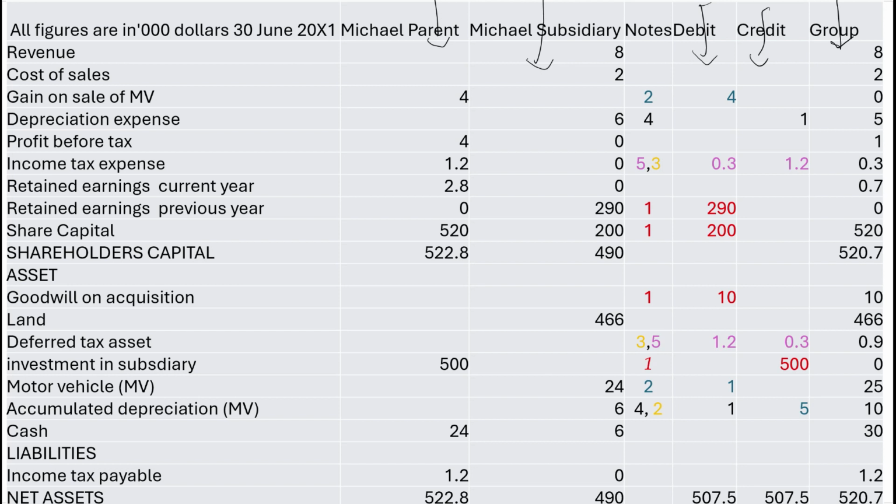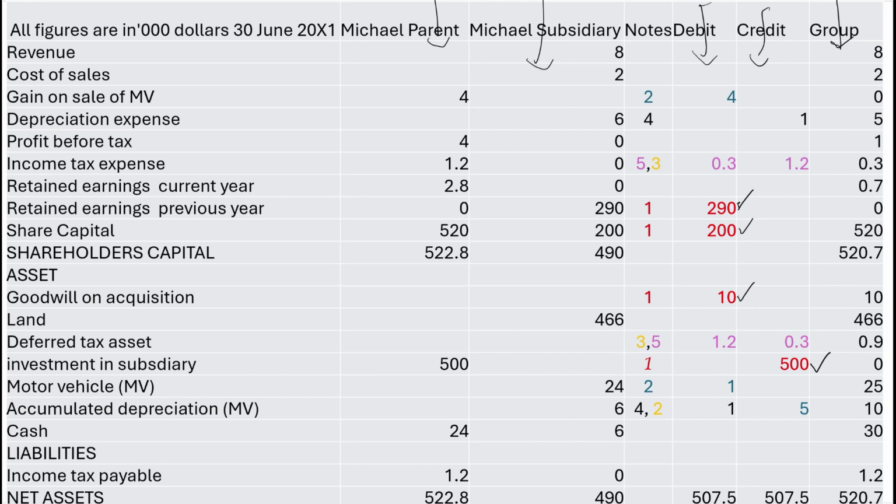So our first journal entry is to eliminate the investment in subsidiary against the share capital and retained earnings at the date of acquisition in the Michael subsidiary, and the investment that is more than the fair value of shareholders' equity was $10 million, and that's goodwill on consolidation. So that's our first journal entry.